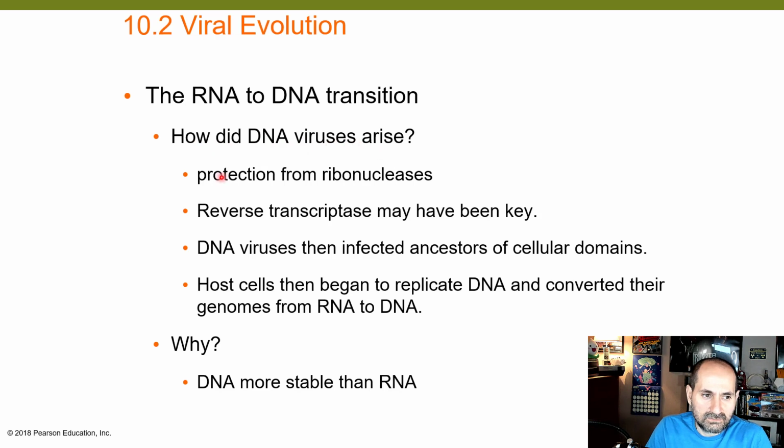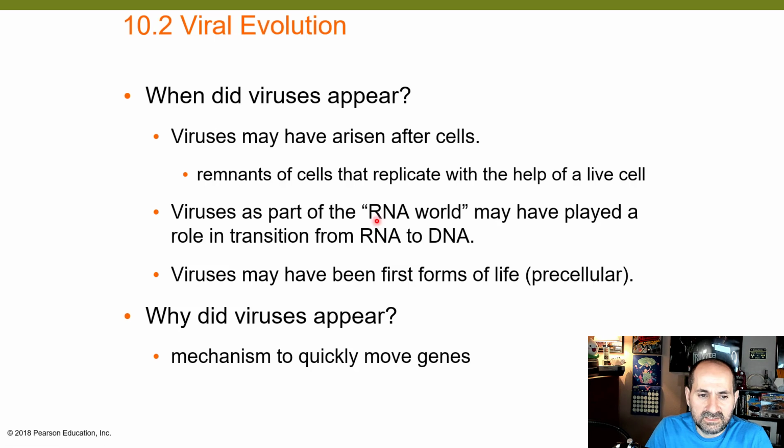How did viruses arise? How did DNA viruses arise? Likely as protection from ribonucleases. You should know that this idea of RNA world is an interesting idea, and that is that early in evolution, the genomic material was RNA based.